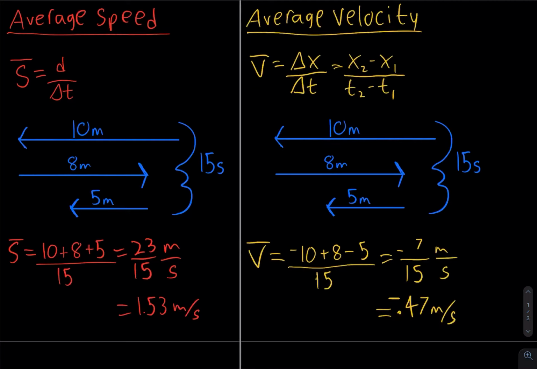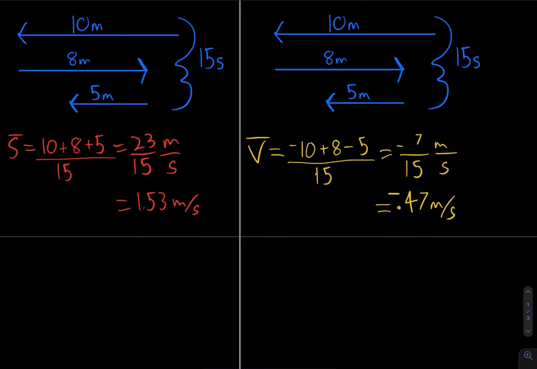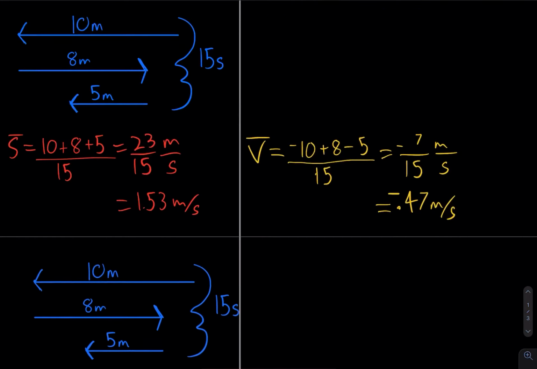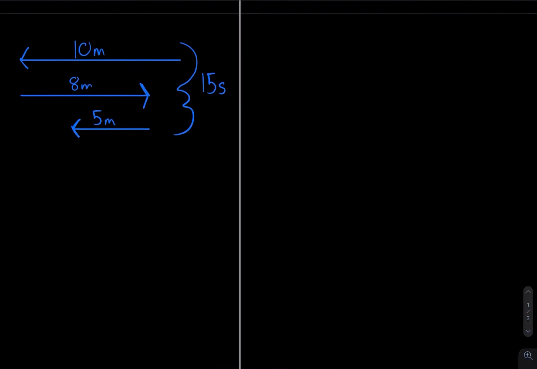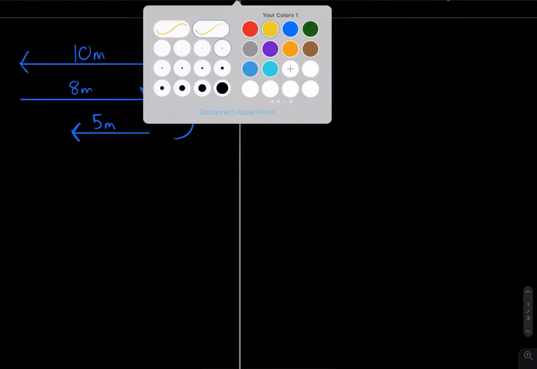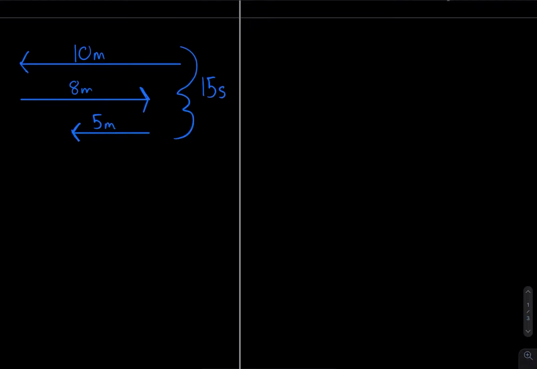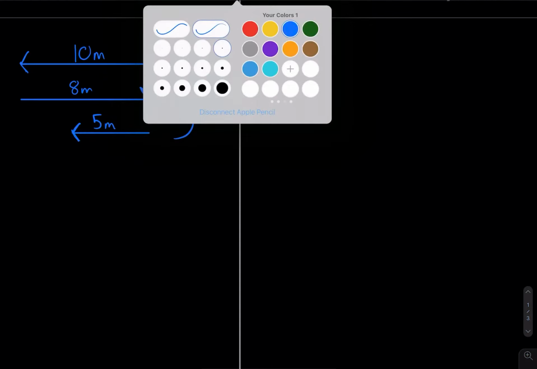Now, in physics, a lot of the time we won't just have examples like this where it's written out in left to right lines. What we have often is position versus time graphs. So let's go down here and see what that looks like. So I'll move this down here just for comparison's sake. Now, what would the position versus time graph look like for this? Well, I'm going to draw some axes.